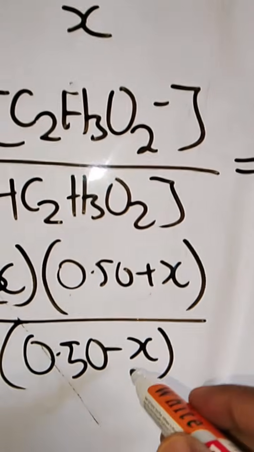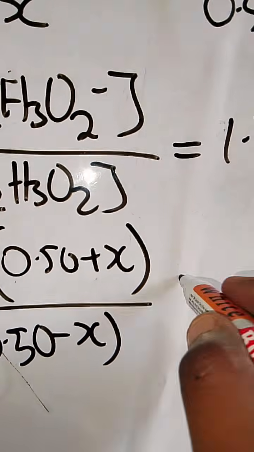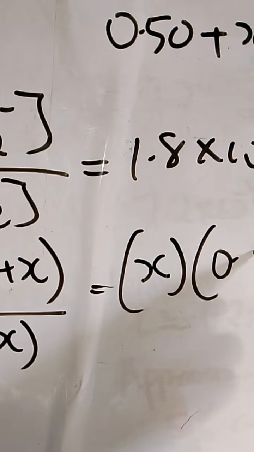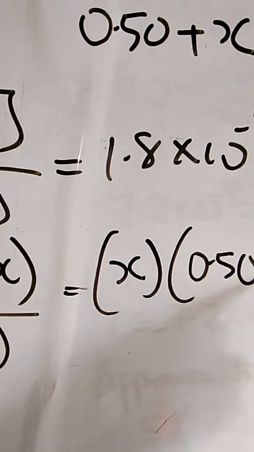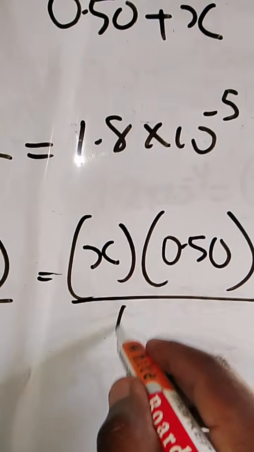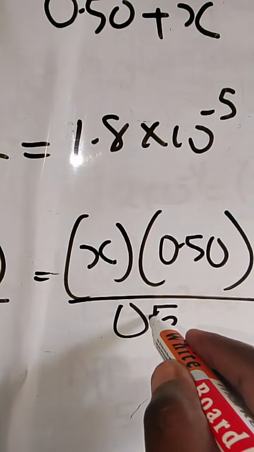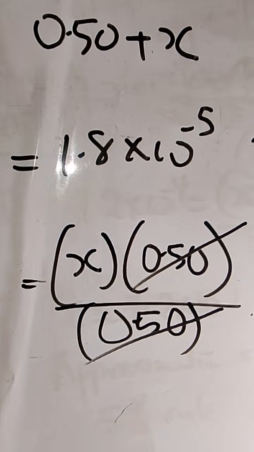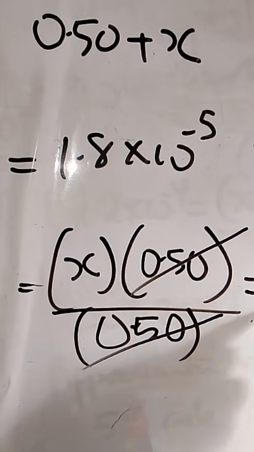Okay, so to solve for x, we apply the 5% rule. x is very small, so we neglect x, so it will be x over 0.50 times 0.50. Okay, you can see that this will cancel, which is equal to x.